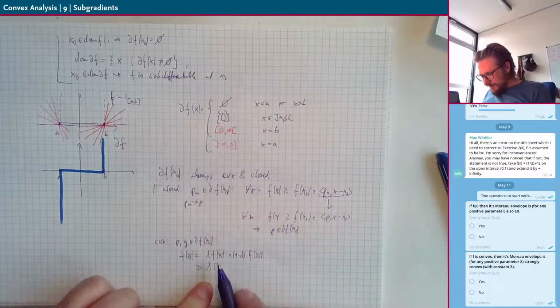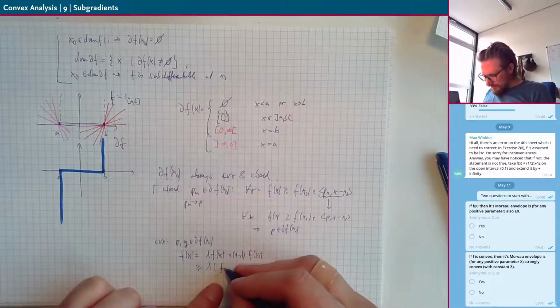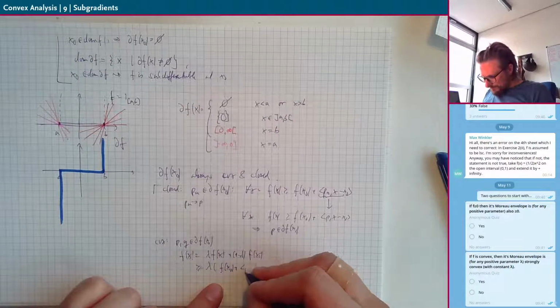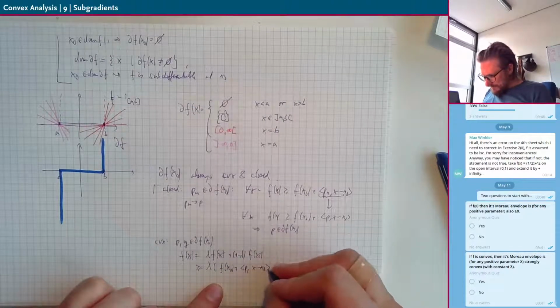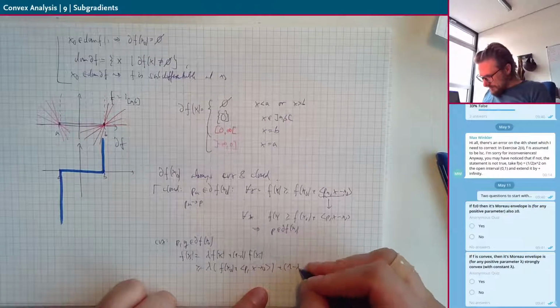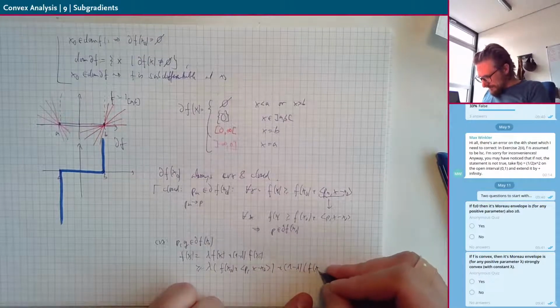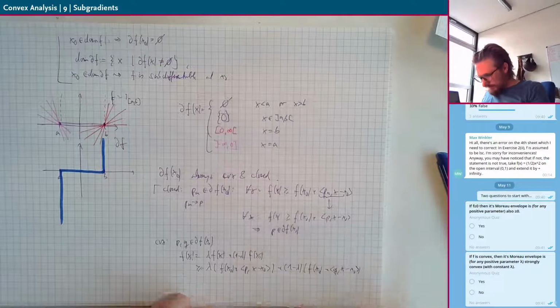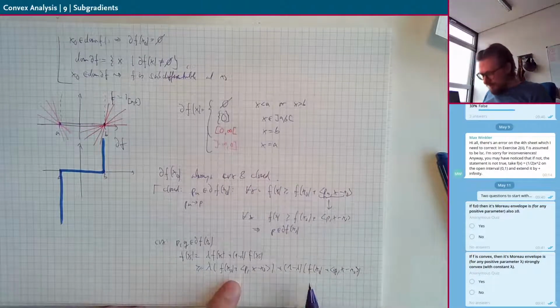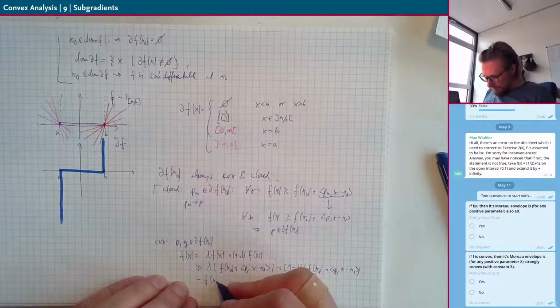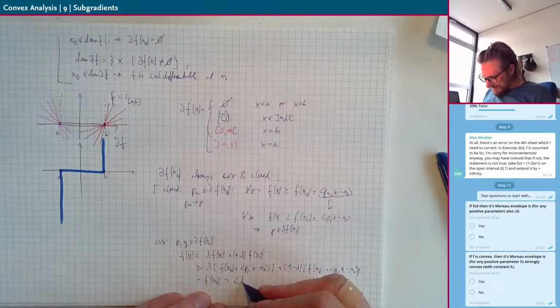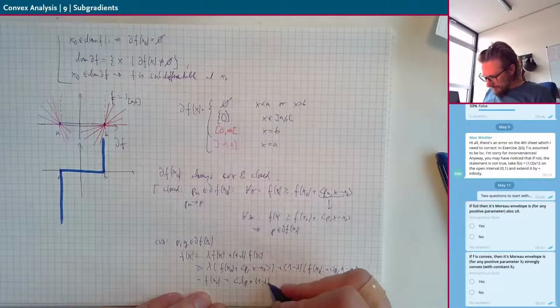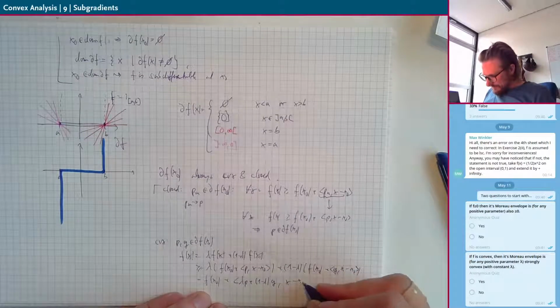So now the subgradient inequality for this one shows it is larger or equal to f of x0 plus p times (x minus x0), and here which is larger or equal to f of x0 plus q times (x minus x0). And if you just do the algebra here, you see that this is f of x0 plus (lambda p plus 1 minus lambda q) times (x minus x0).